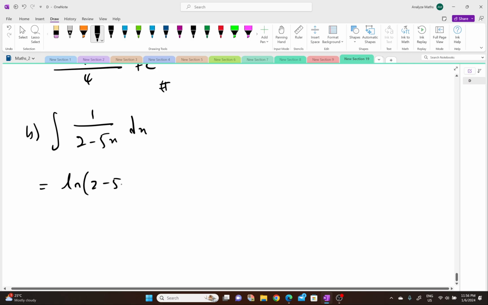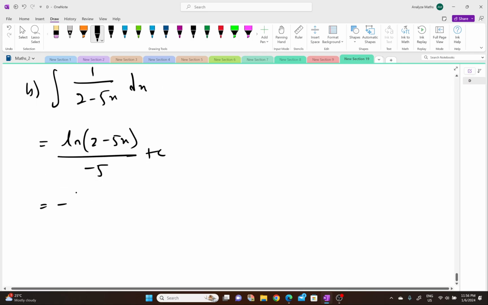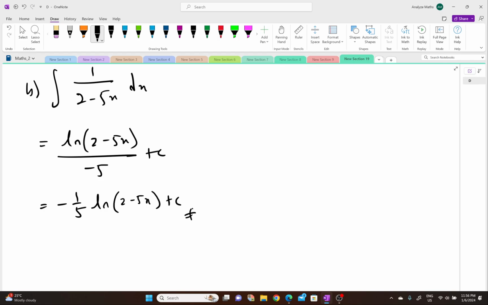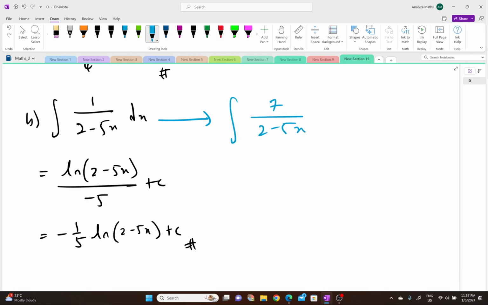Ln 2 minus 5x, the a here is negative 5 plus c. Can leave the answer like this, or negative 1 over 5 ln. We can also do this. For example, let's say the question is now 7 over 2 minus 5x, then you can still do, okay.